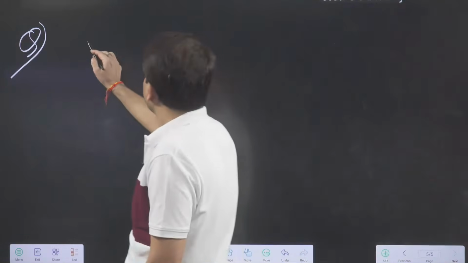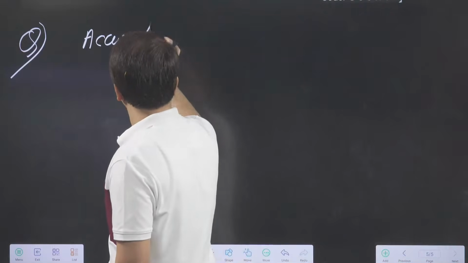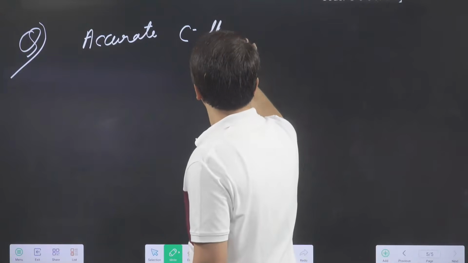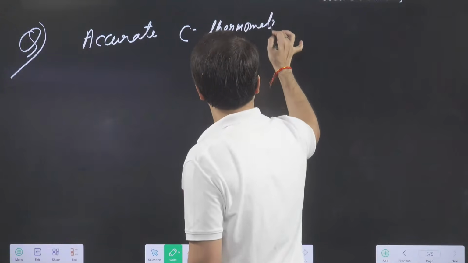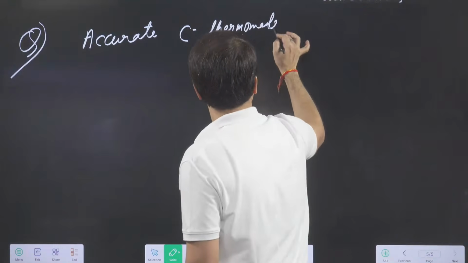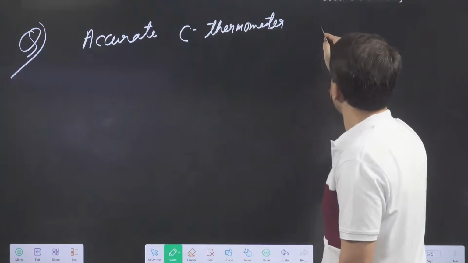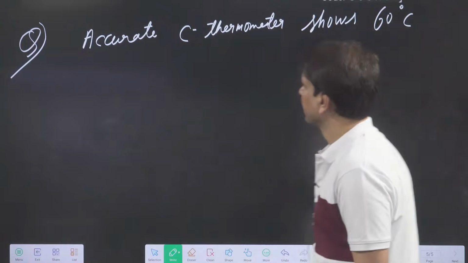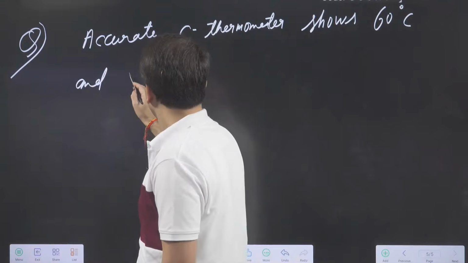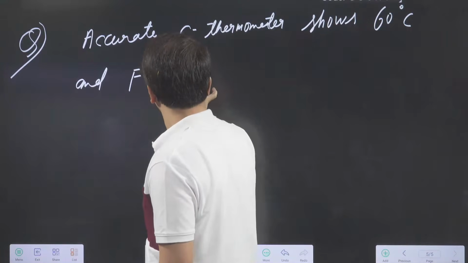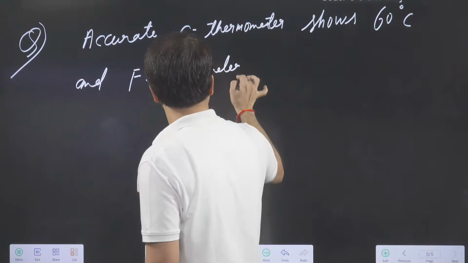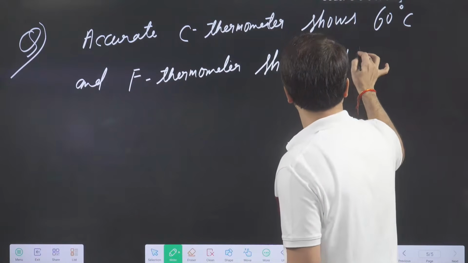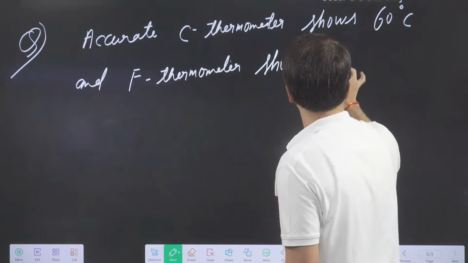Next problem. Suppose an accurate Celsius thermometer shows 60 degree C and the Fahrenheit thermometer shows 141 degree F. 142 you can take.